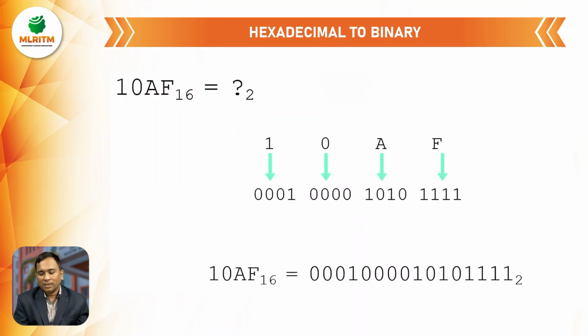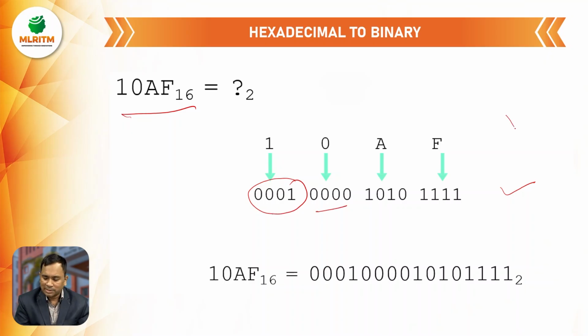And the next thing is hexadecimal to binary conversion. Out of all the techniques, this technique is somewhat easier. Here I'm taking the hexadecimal number 10AF, and I'm converting each digit into 4 bits. 1 is written as 0001, and the next is 4 zeros.